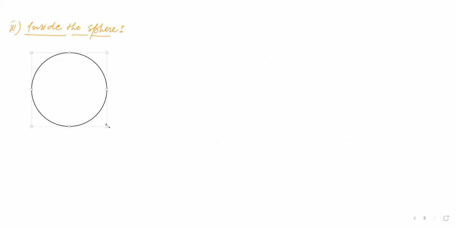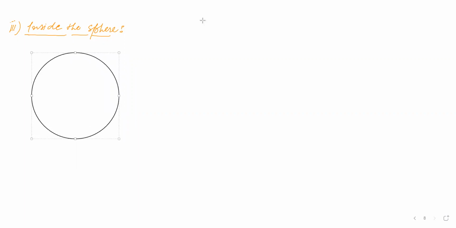This is your sphere having positive charge. Radius of this sphere is capital R. Now, we are going to calculate the electric field inside this sphere. Suppose that we have chosen a point P here and we want to calculate at this point P. What will be the electric field?